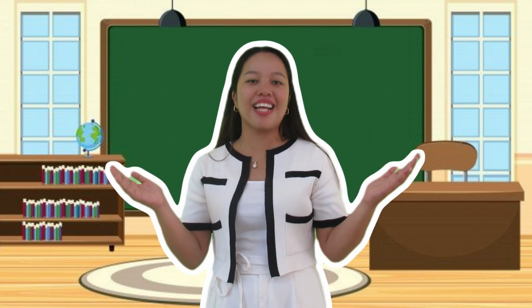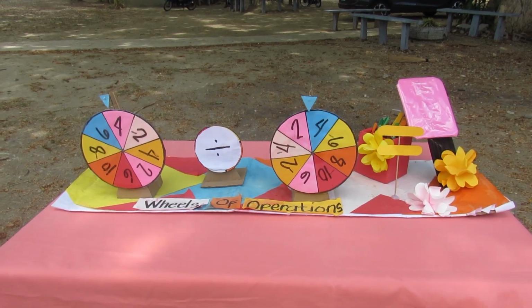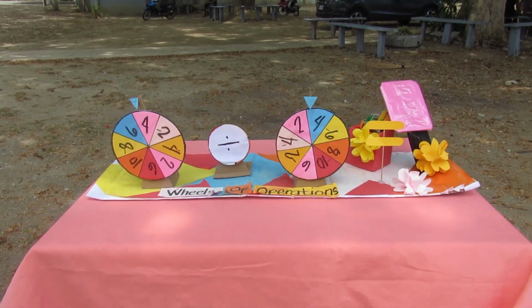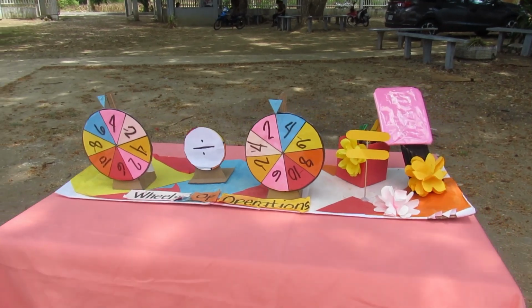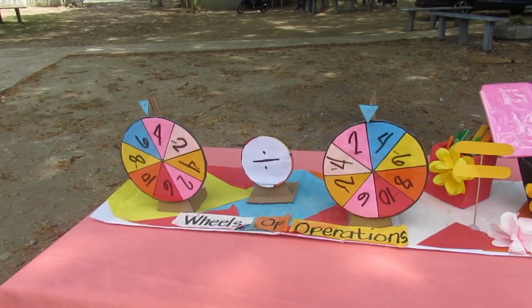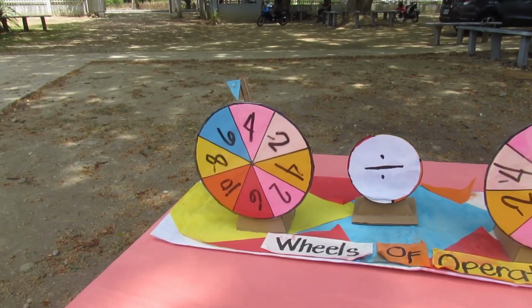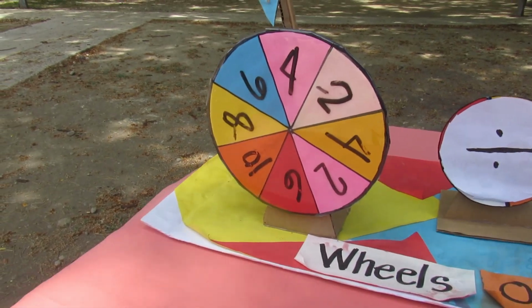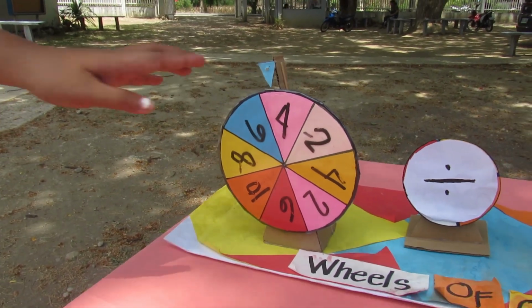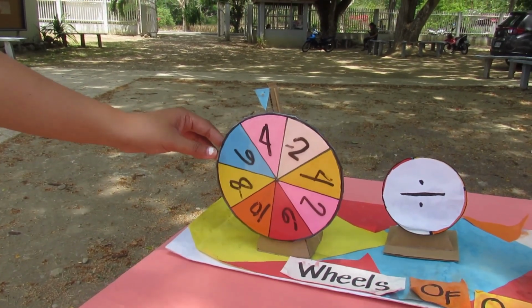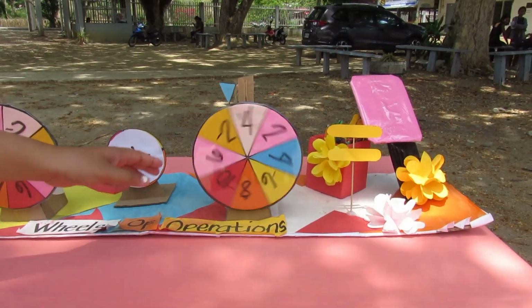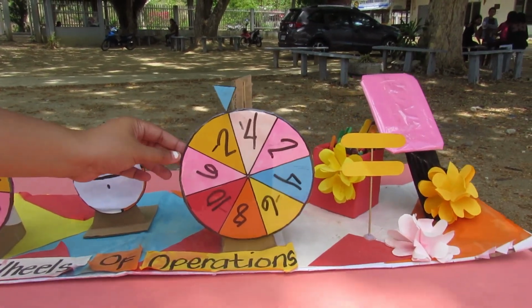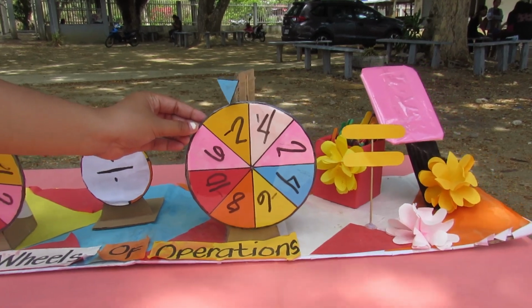Here are some examples. Let us have an example using these wheels of operations focusing on division. First, we are going to spin the wheels for us to know what integers we are going to divide. 4 divided by negative 2.